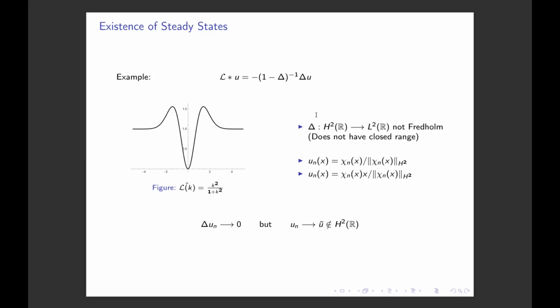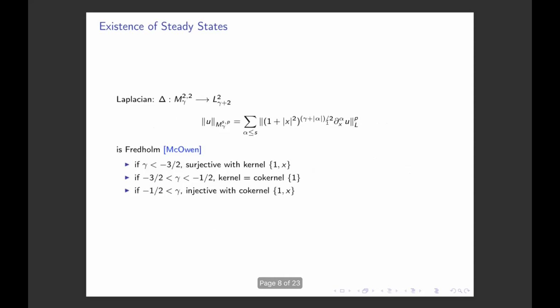In that case, you want to consider spaces that impose some kind of algebraic growth or decay. There are theorems that date back to the 80s that allow you to show that the Laplacian is going to be a Fredholm operator. Basically that means you have a closed range and you can use some form of a Fredholm alternative in order to solve the equation.